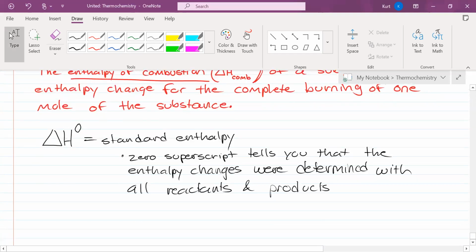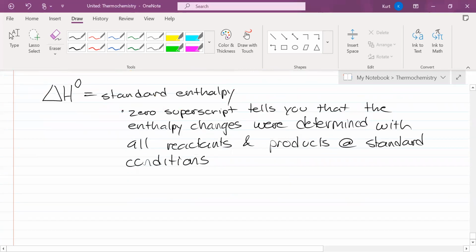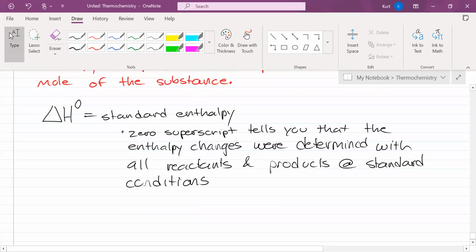Here's a new term, guys. At standard conditions. This is not the same as standard temperature and pressure. Standard conditions means 1 atmosphere and 25 degrees Celsius, which is 298 Kelvin.